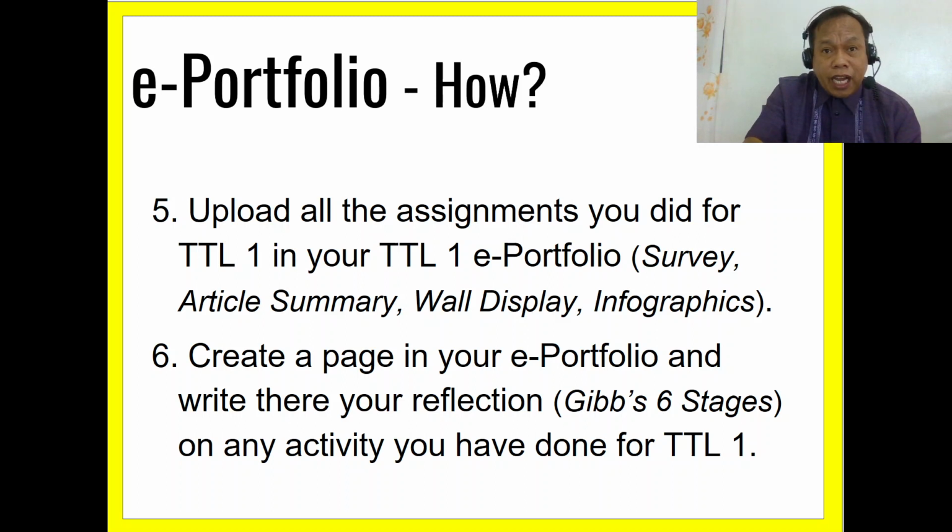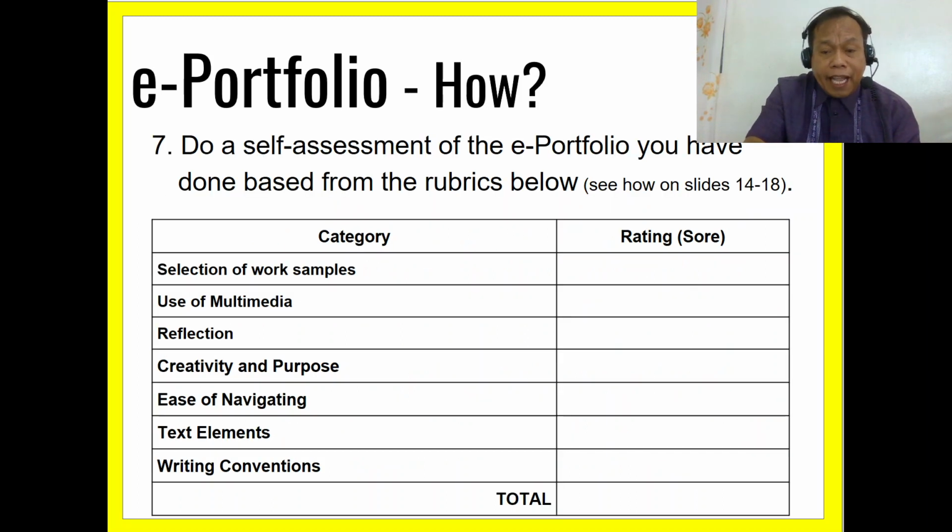Our performance tasks, at least we have four. So you already have 5 pages. I want you now to do a self-assessment of the e-portfolio you have done based on the rubrics below.